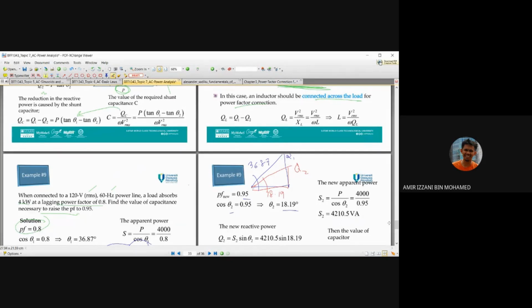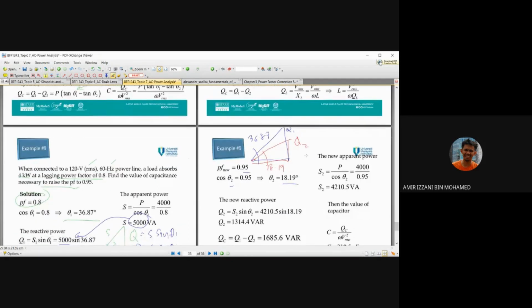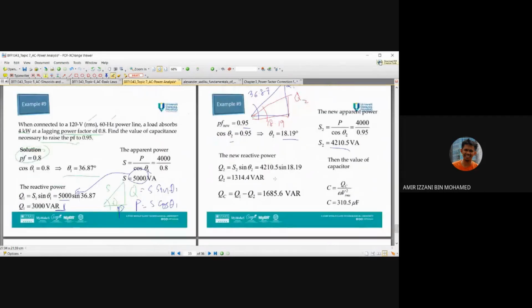So we need to find the difference. The new apparent power is 4210.5 VA, and the new reactive power is 1314.4 VAR. So find the difference between Q1 and Q2. Q1 is 3000 and Q2 is 1314.4, so the difference is 1685.6 VAR.